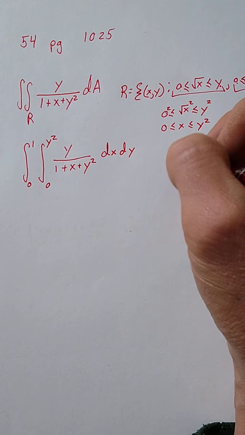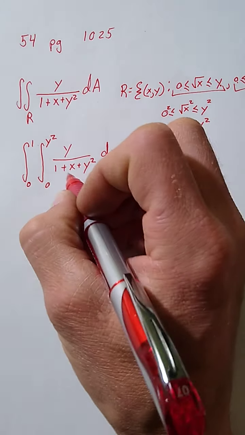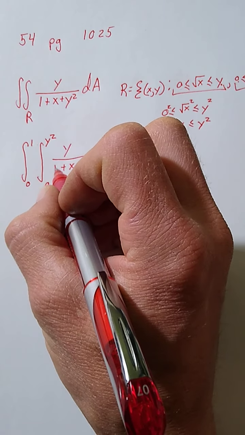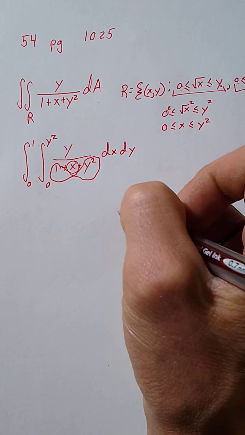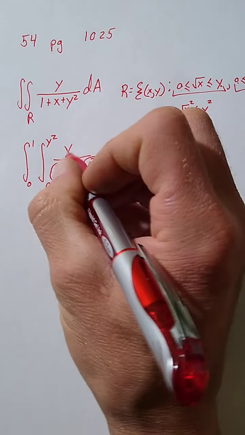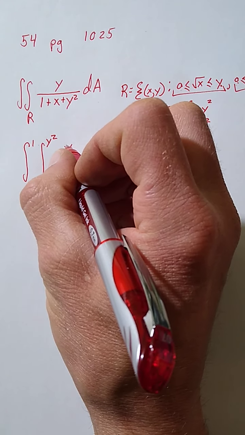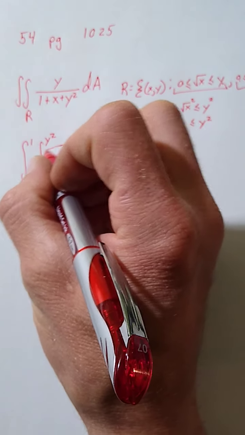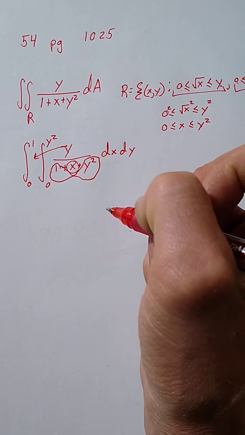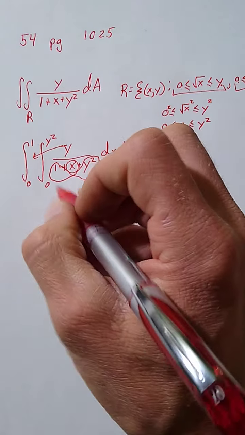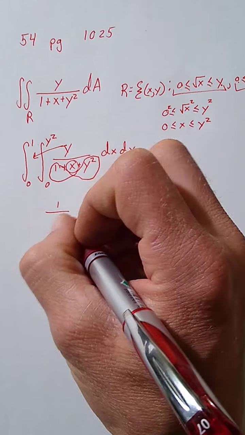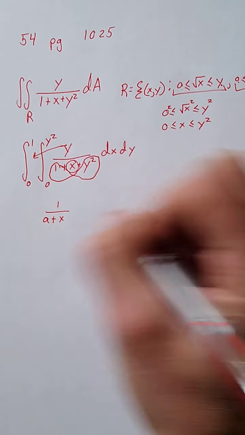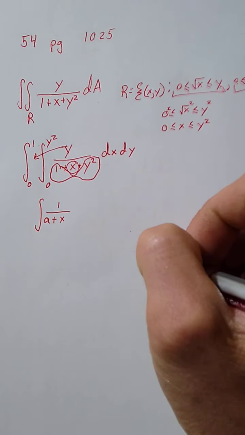And now, if I were to evaluate this with respect to the x, I really have a constant plus x. And then this y is just a constant on top that I can pull through the first integral. Okay, so we've really got like a 1 over a plus x that we're integrating.